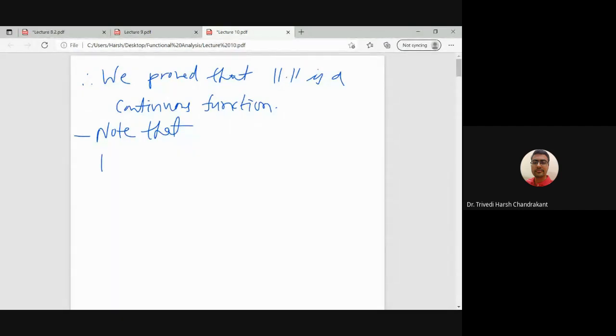If we want to show xn plus yn converges to x plus y, we need to take the difference between them. We know that this difference, using the triangle inequality, is less than or equal to norm of xn minus x plus norm of yn minus y.